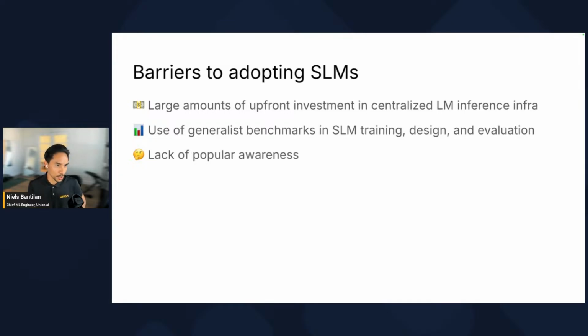The second one is around when you're shopping around for LLMs, or SLMs, you'll see a lot of generalist benchmarks being used to compare models. And this is by design favoring large language models because by definition they are higher capacity. They just generally do better over a wider set of tasks.